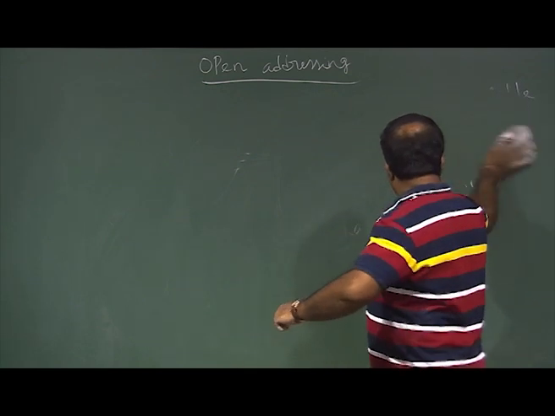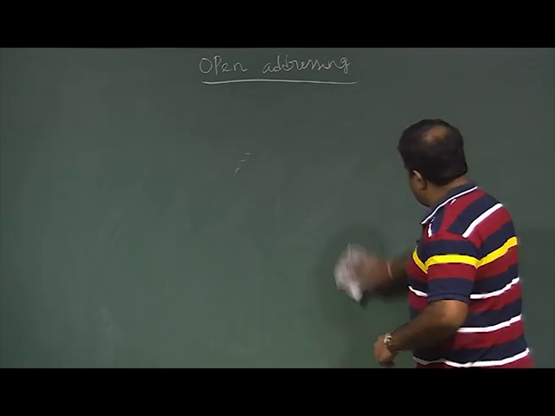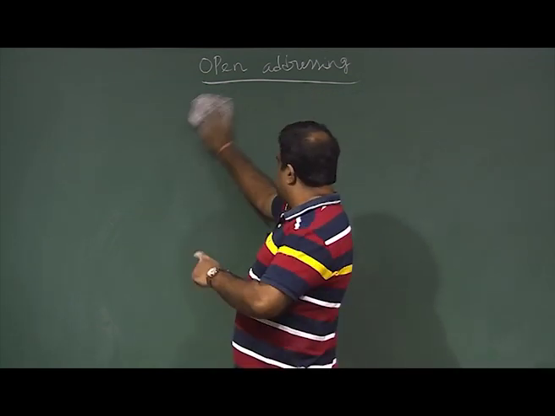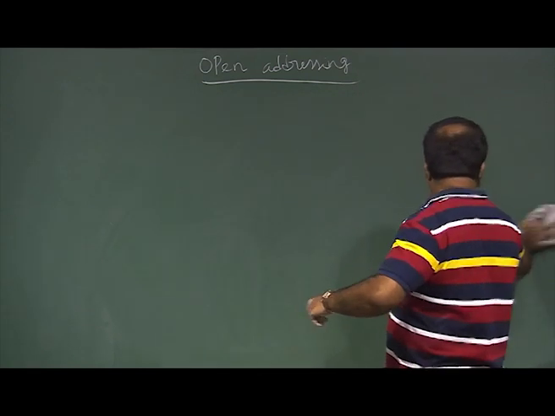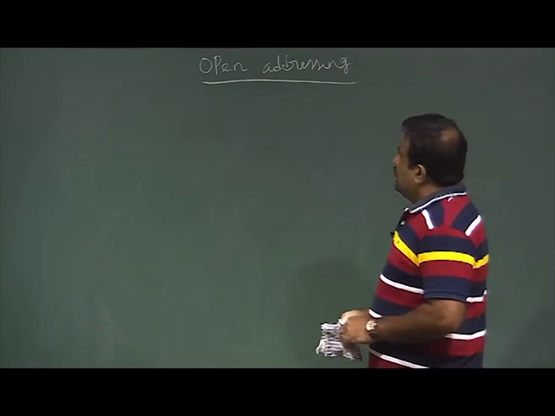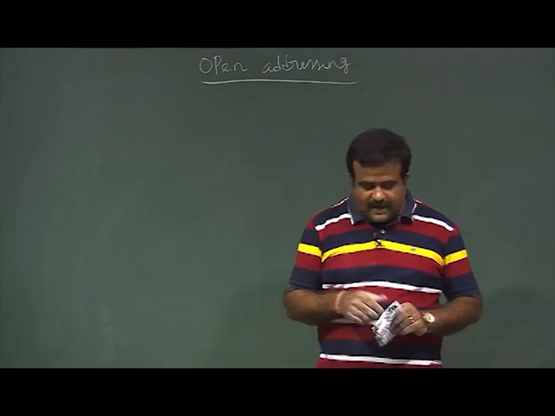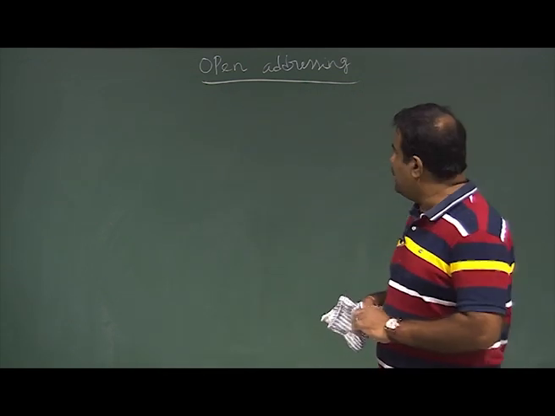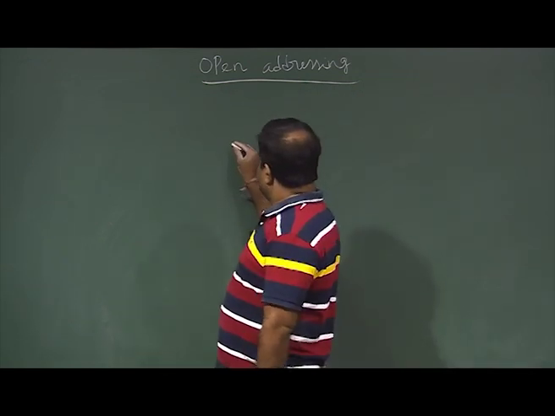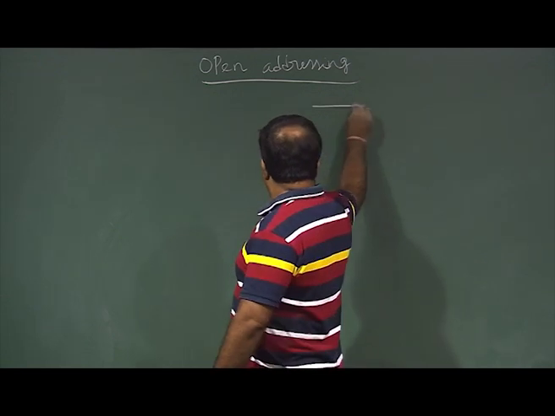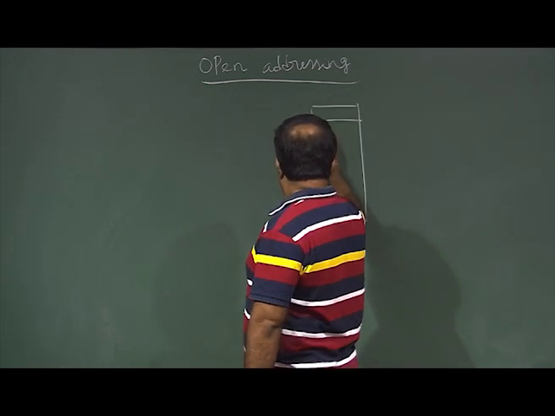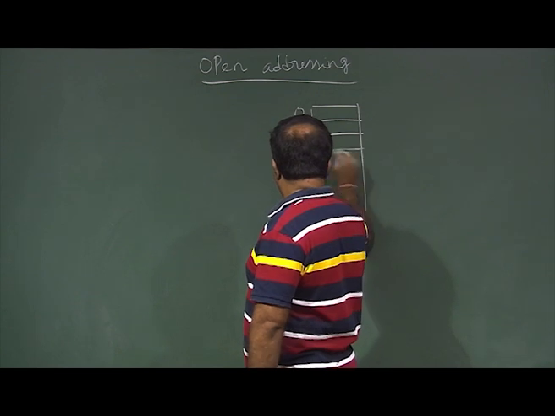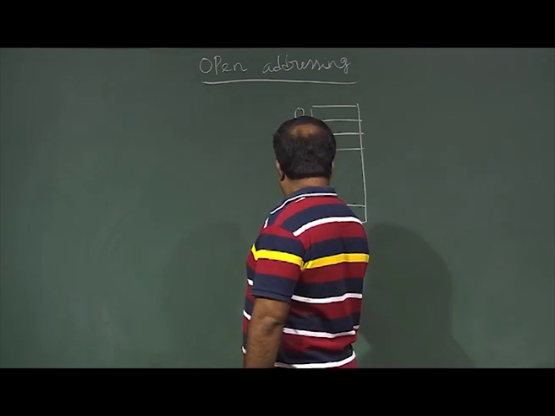So, no extra storage, chaining is not allowed. For chaining, we need a linked list outside the table, but that is not allowed here. Okay. So, what is the idea? Basically, we have a table 0, 1, 2, up to m minus 1.